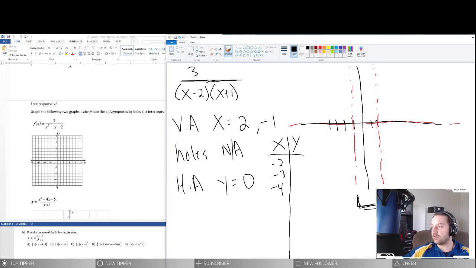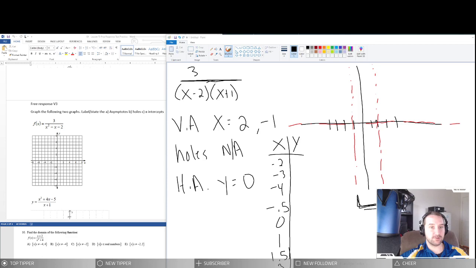So maybe I would do -0.5, 0, 1, and 1.5. And then a couple values over here like 3 and 4. I would just enter those in a calculator. Let me pull up my calculator.